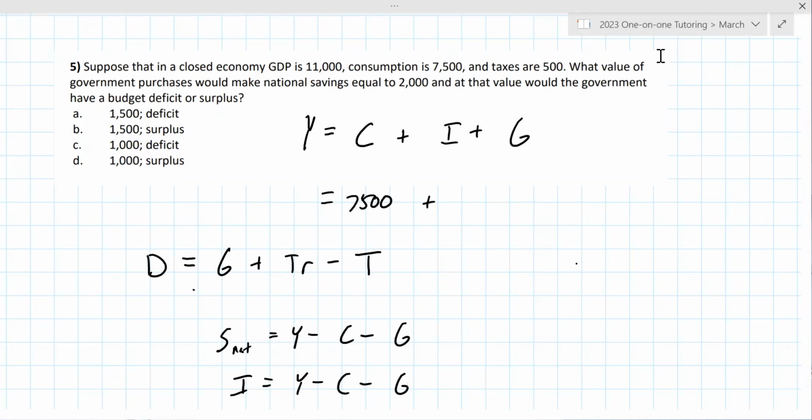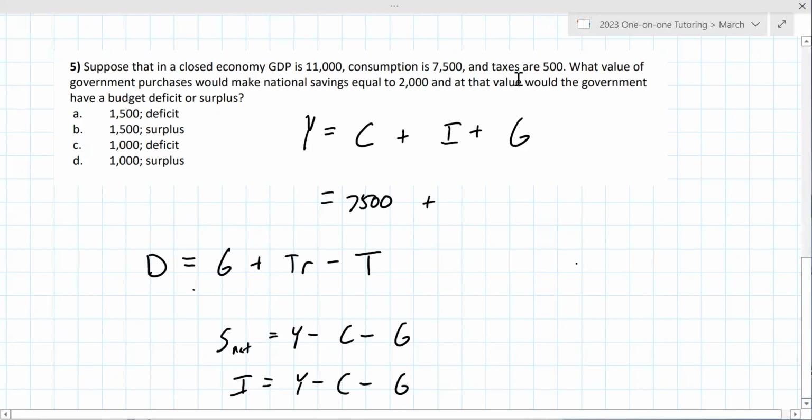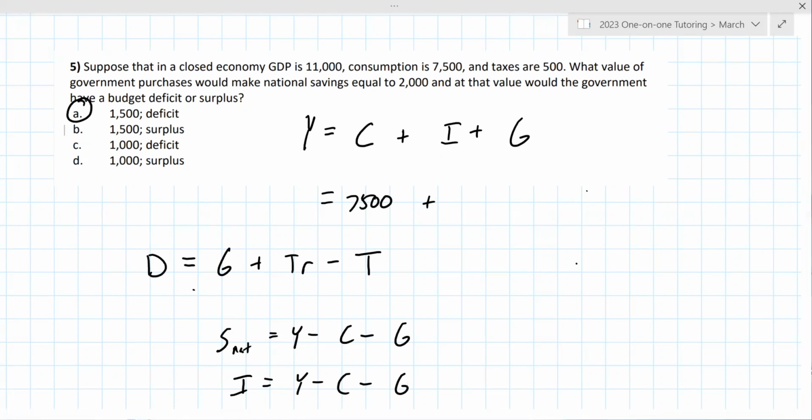2,000 is equal to, if GDP is 11,000, consumption, oh, but taxes isn't in that, but taxes could be, I don't know how taxes plays in. If I just use the numbers here and go off of what the answer is, which is kind of a dangerous thing to do, but we'll try that for a moment.